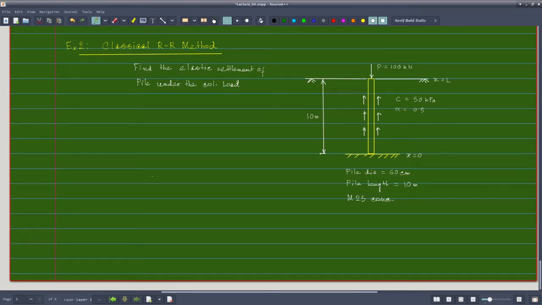So first of all, let us find out the value of E. Value of E as per IS 456 is 5000 root over fck in Newton per millimeter square. So square root of 25 will give me 5, so it is 25,000 megapascal.